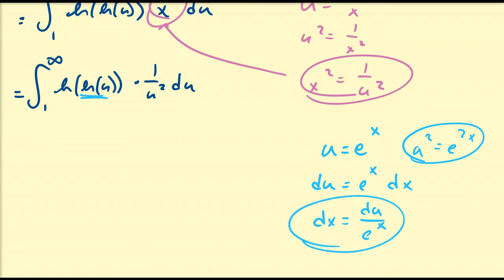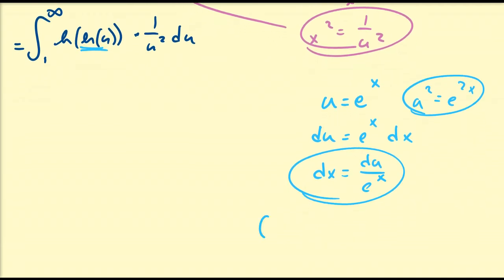Also, our integral bounds, 1 to infinity for u, are going to go to something for x. So when u is equal to 1, x is going to be equal to 0, and when u is equal to infinity, x is going to be equal to infinity as well.